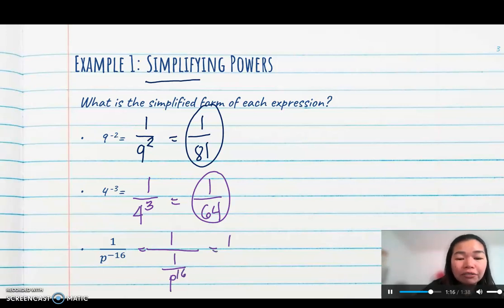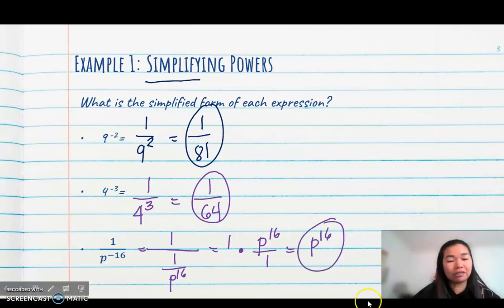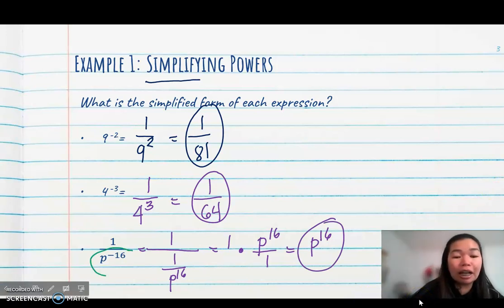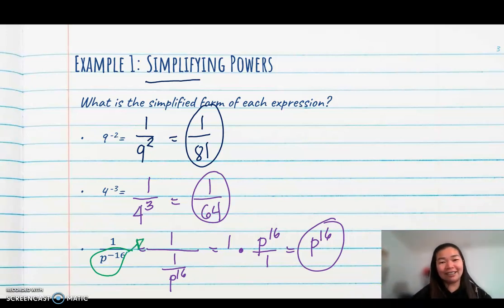We are dividing fractions, so we can multiply by the reciprocal of our denominator. Multiply the numerators. Now we have p to the 16 over 1, or p to the 16. Or, the short way is if you see a negative exponent in the denominator, just put it in the numerator and that's it. Okay?